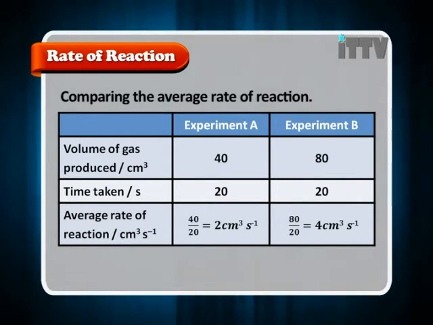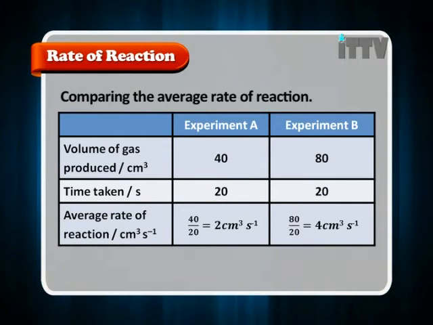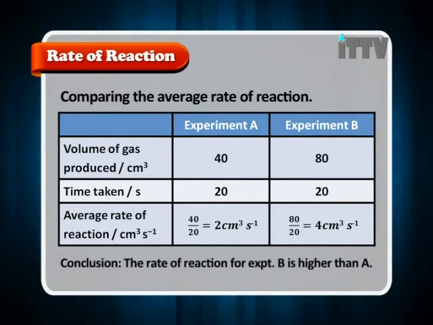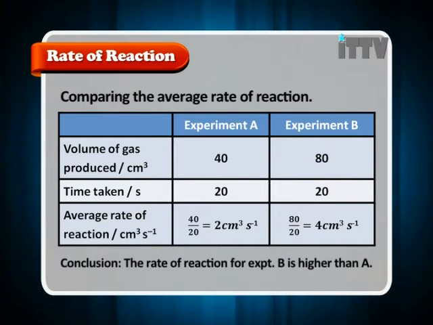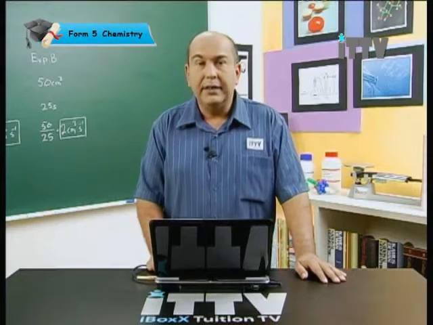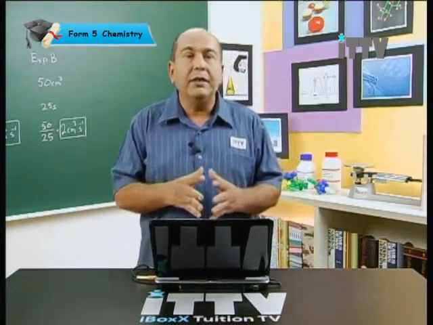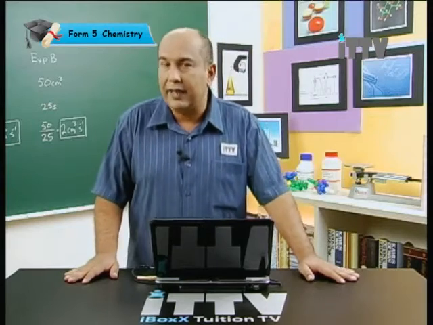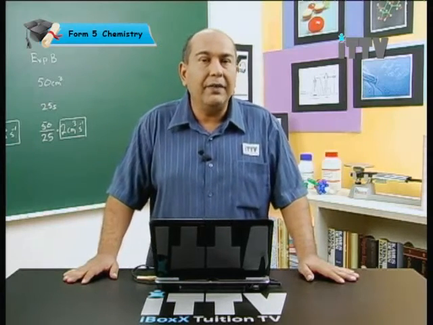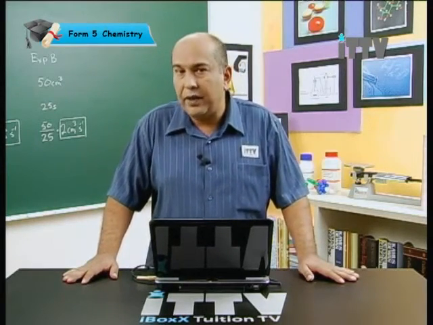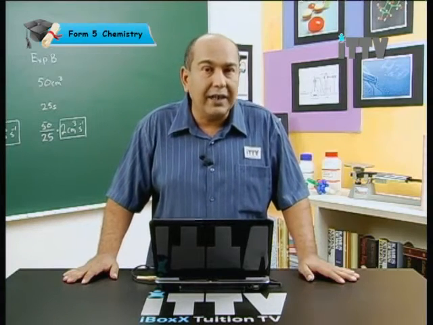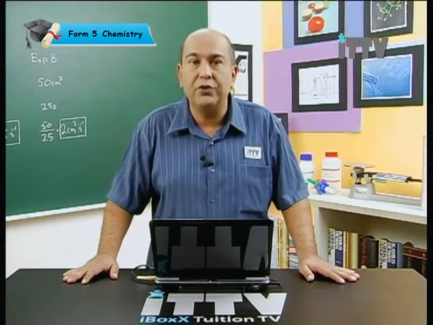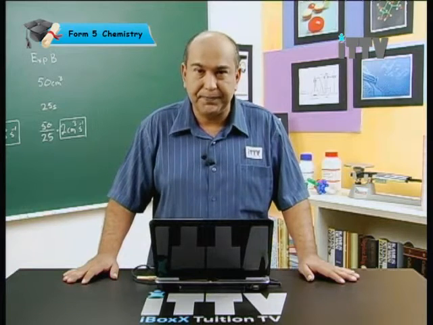If we compare the two, we can conclude that the rate of reaction for experiment B is higher than experiment A. So remember, when you're comparing rates of reaction, you need to calculate the average rate of reaction and then say whether or not a reaction has a higher rate in comparison to the other reaction.